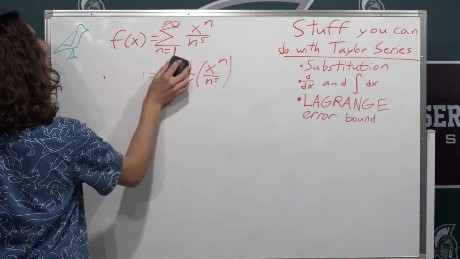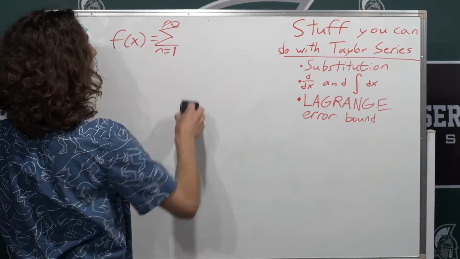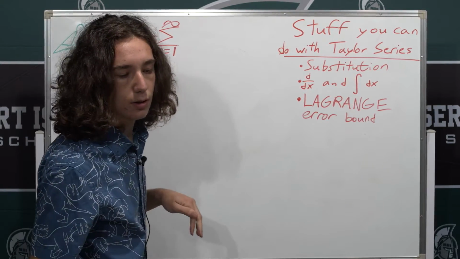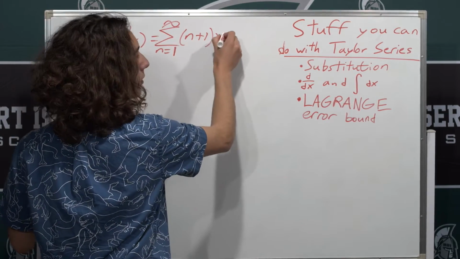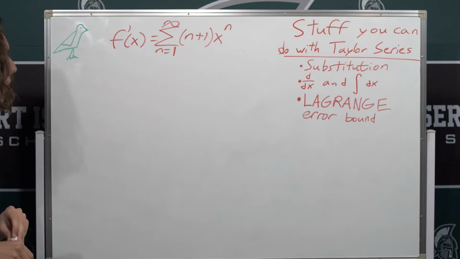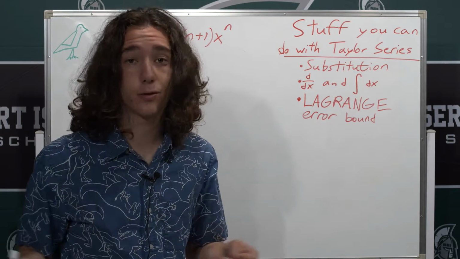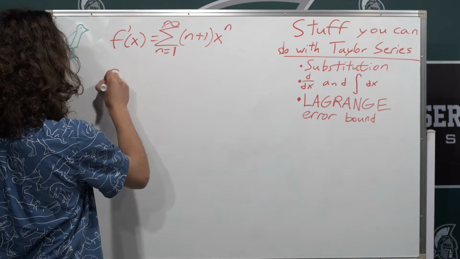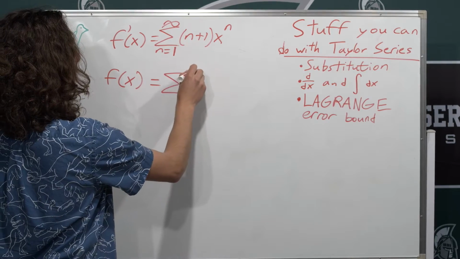What if we had f prime of x equals n plus 1 times x to the n? Now, you can take the integral, and again, like derivatives, integrals are distributive. It doesn't rhyme as well, but integrals are distributive, so you can just take the sum of the integral.